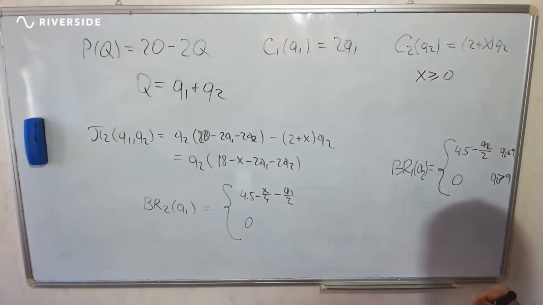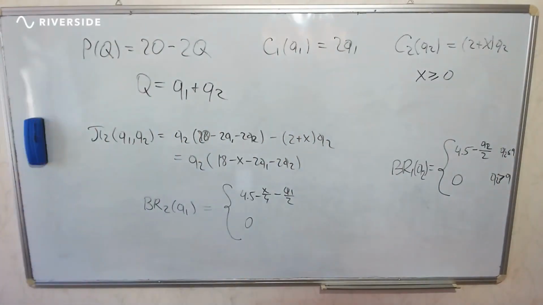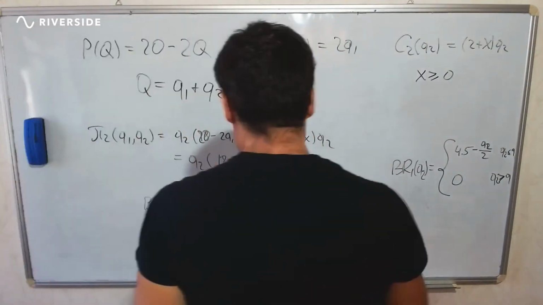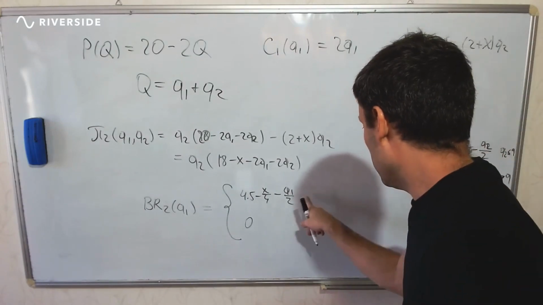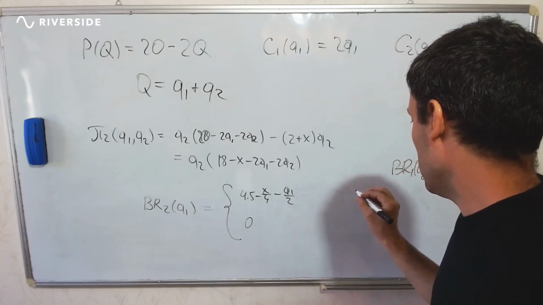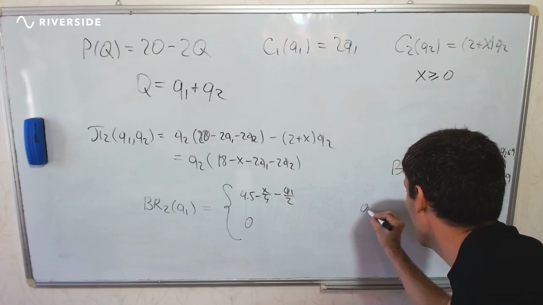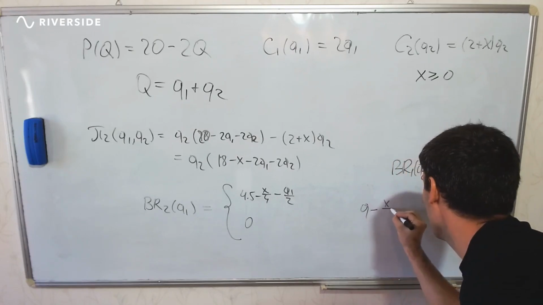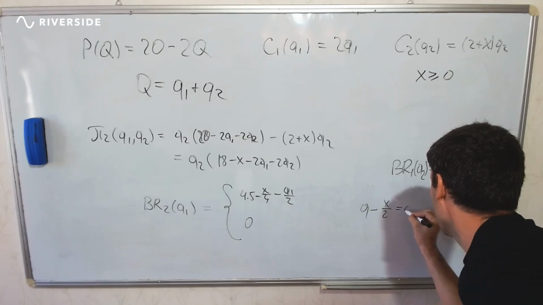Now all we need to figure out is the point at which it works. For Q1, that is just when this turns into 0. So if we multiply everything by 2, we'll get 9 minus x over 2 equals Q1.